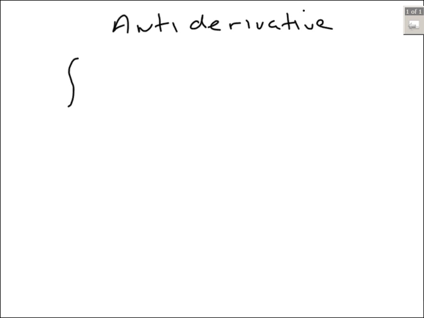This means the antiderivative of x squared. Or let's just do an easier one. How about just x? Antiderivative of x, and it always ends with d followed by the letter that's involved here.